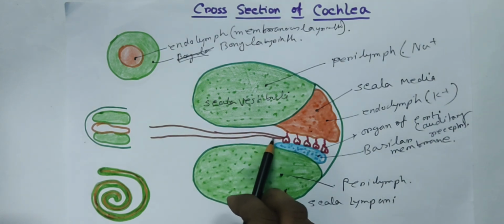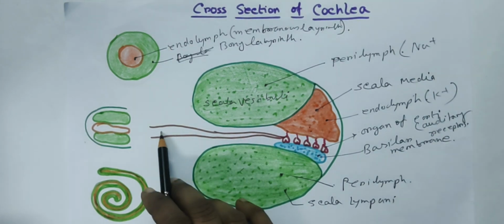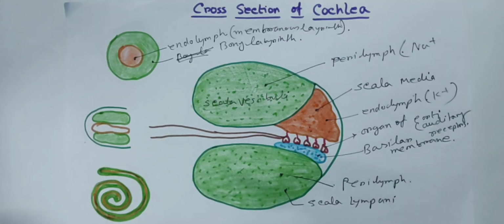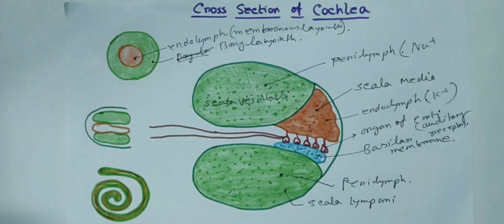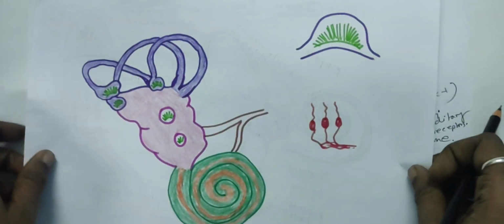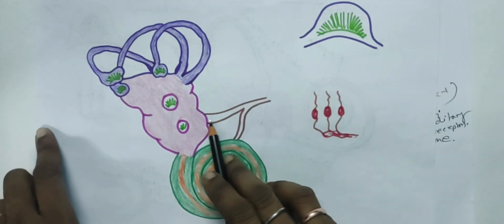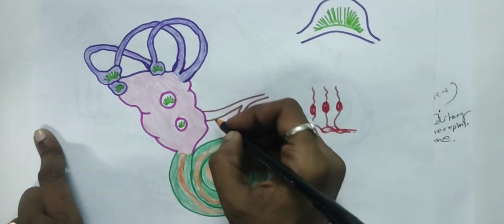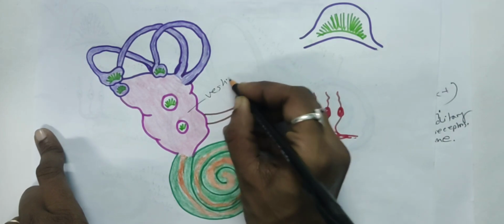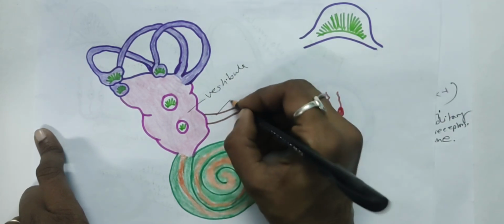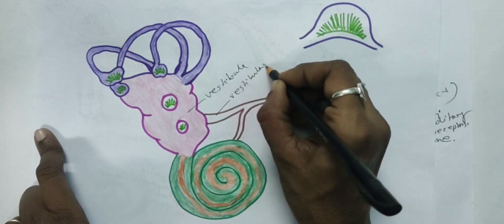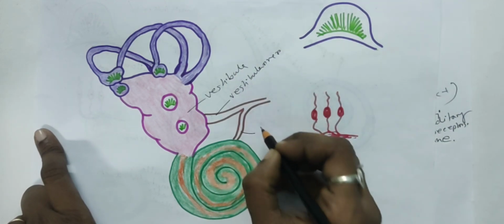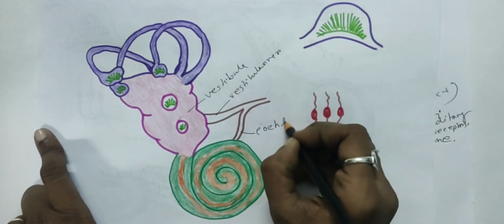Okay, so here this nerve emerges from the cochlea, and from the vestibule the vestibular nerve emerges. Look, this nerve emerges from the vestibular part. It is the vestibule, and this is the vestibular nerve, and this is the cochlear nerve.